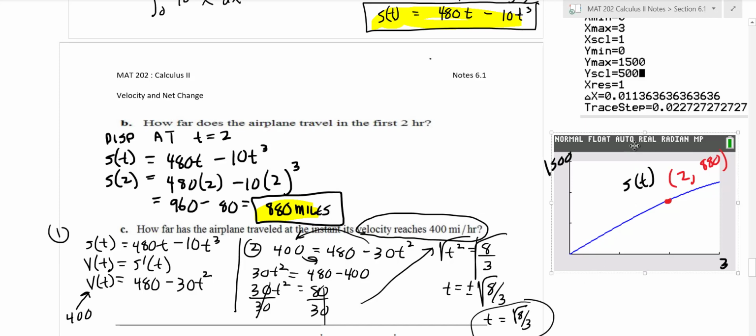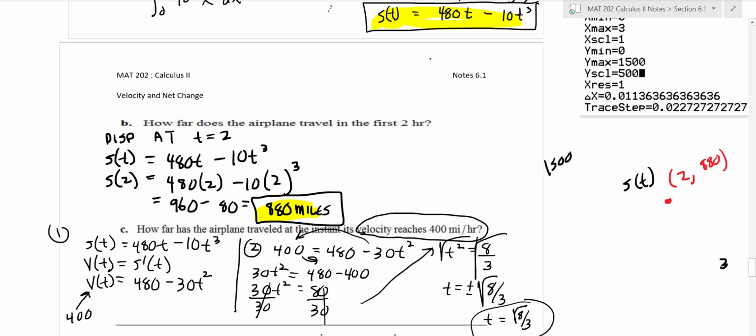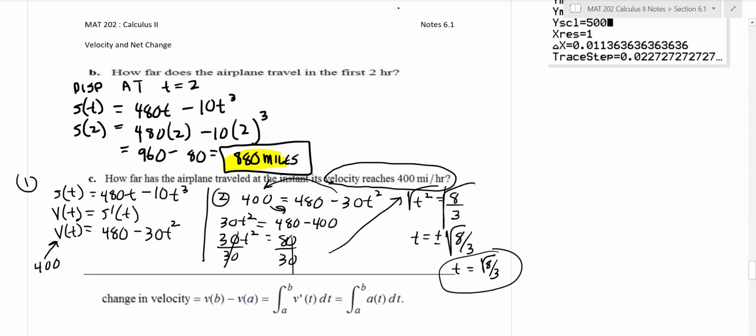All right, now I'm going to move this graph, cut that, erase a few things. Then we've got one more thing to do. The question was, how far has the plane traveled? Well, S of t gives you how far. We did this in the previous problem: 480t minus 10t to the third.